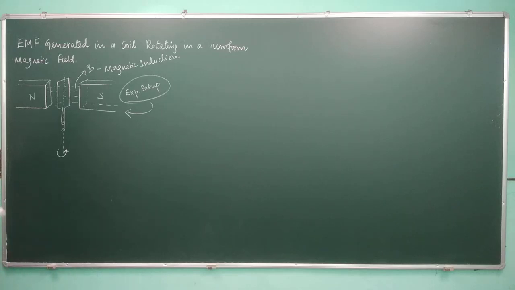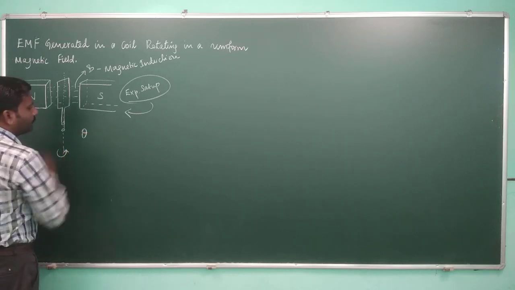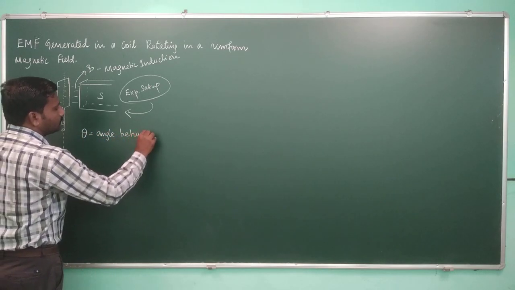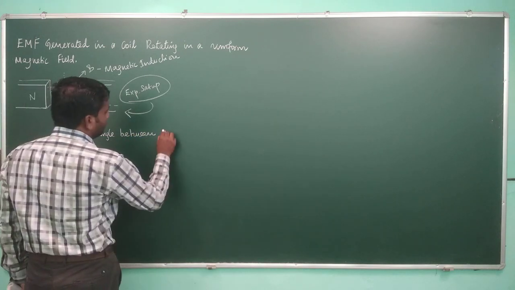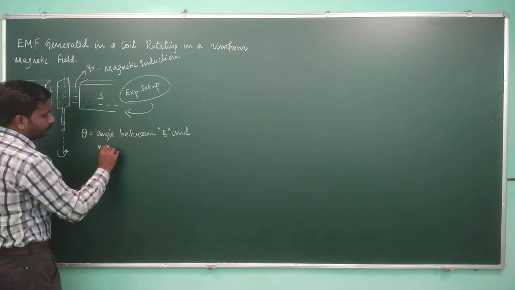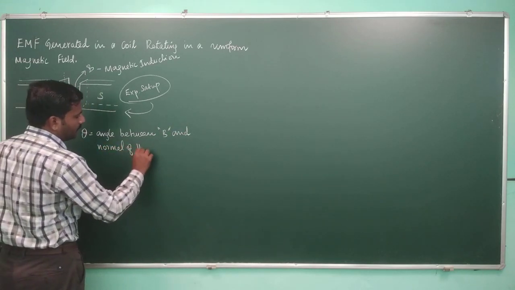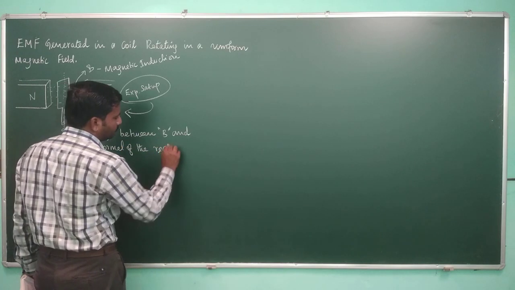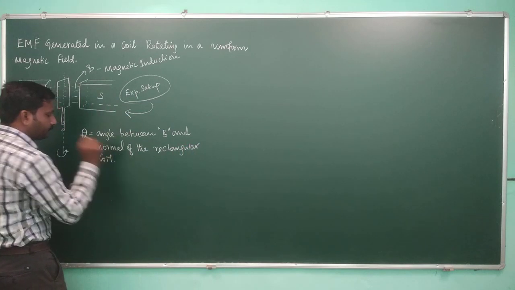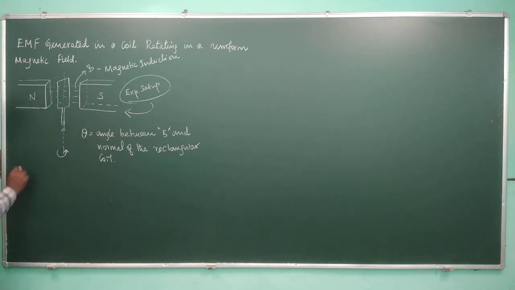In that situation, theta is the angle between the magnetic field lines B and the normal of the rectangular coil. So for the situation just discussed, theta becomes 0.